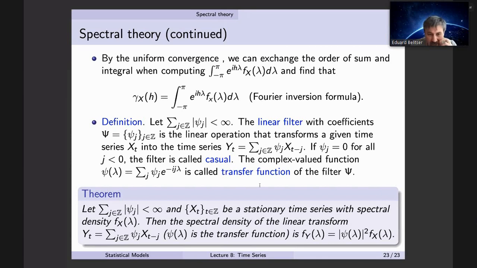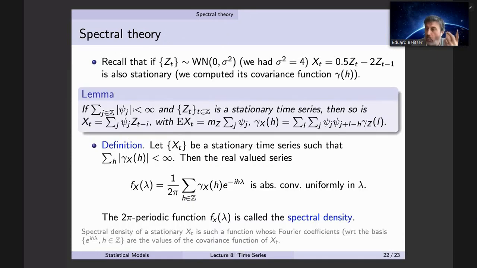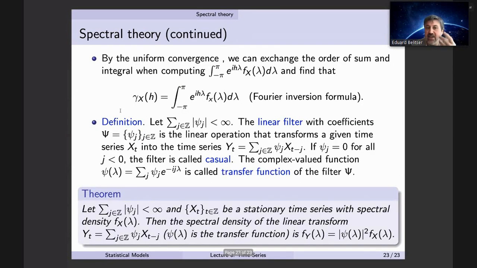What we gain is this theorem. You will see. Let's first define the so-called linear filter. What is a linear filter? These are exactly these weights here. That's called a linear filter, and this linear transformation is a linear filter of our original time series. You can take any time series and transform it using this linear filter.